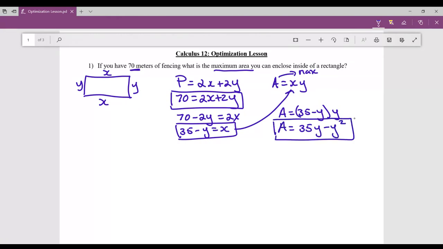That's our area. Now, this is good because we only have one variable in this equation, which is what we want. So now, if I want to maximize it, we need to take the derivative. So A prime, or dA/dy, will be 35 minus 2y. We need to find the critical numbers.